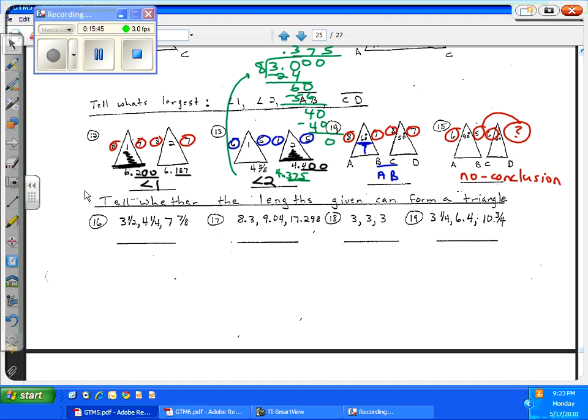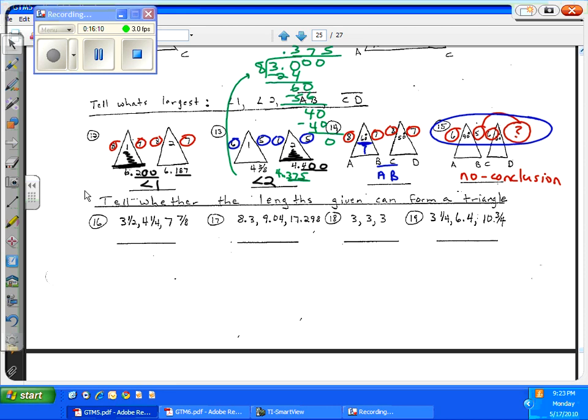If two sides of one triangle equal two sides of another, then. If you're not given that two sides of one are equal to two sides of another, you can make no conclusion like we did on 12, 13, and 14. You always have to make sure that the if part is true before you go trying to reach a conclusion.